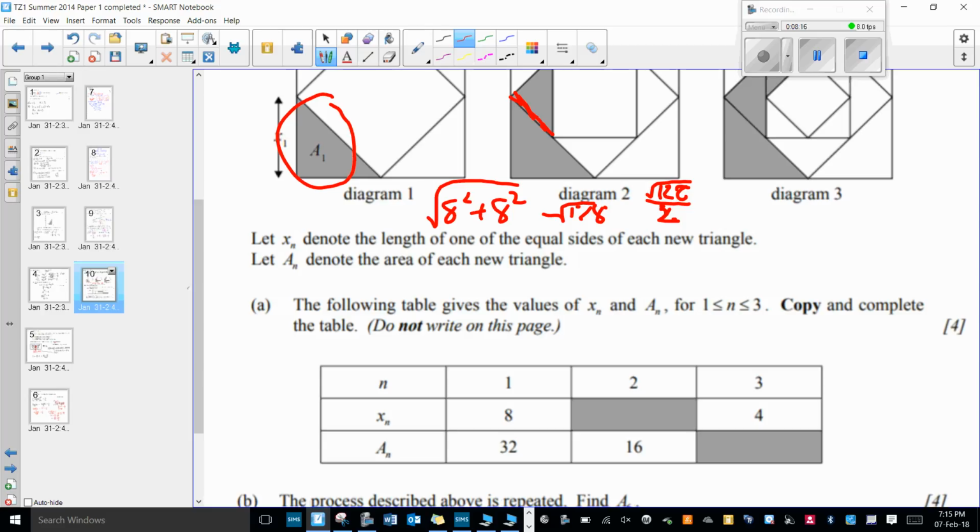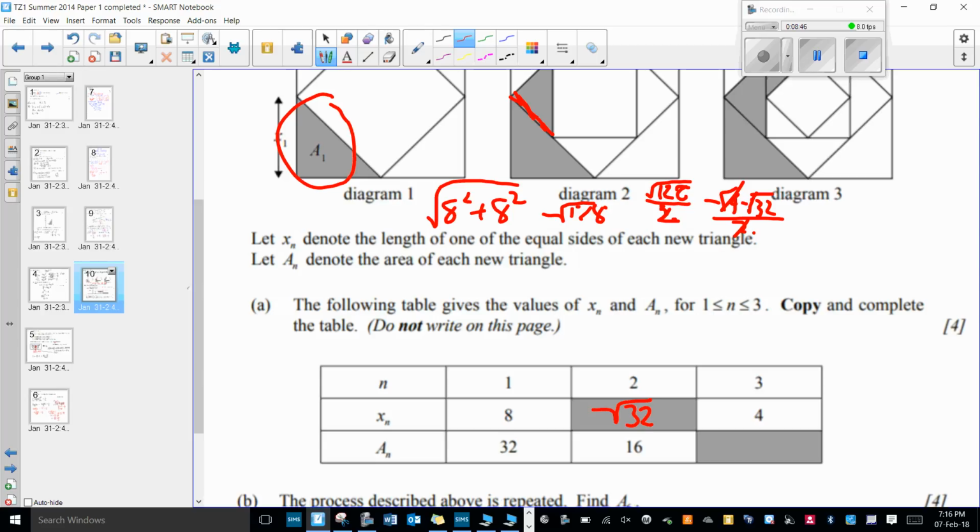So we're going to change this root 128 over 2 to root 4 root 32 over 2, and I remember root 4 is equal to 2, so they can cancel each other out. So that number there is root 32. And the area of that would be root 32 times root 32 divided by 2, which gives us 16.